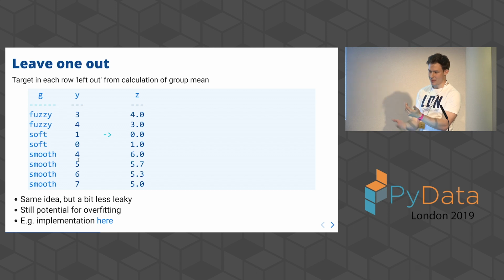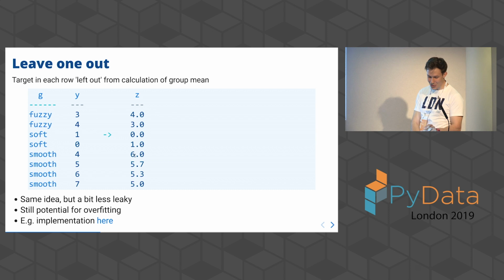So if in your data set you happen to have a group of smooth ones where the sample mean is above the true underlying mean for that group, then you're still going to tend to overfit.